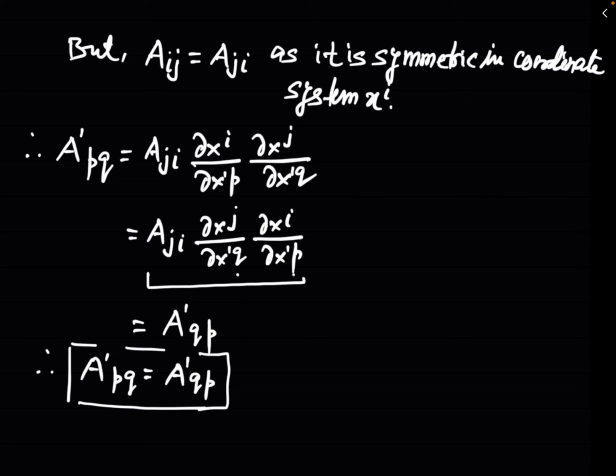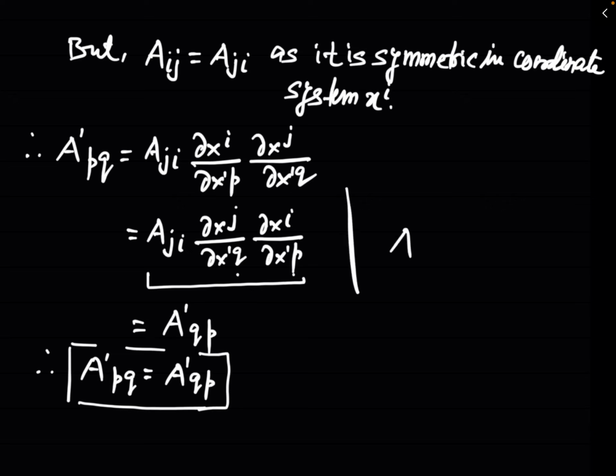It means now it is clear that if a tensor, here actually I have taken the example of a covariant tensor of second rank, but it is not necessary to take this example.